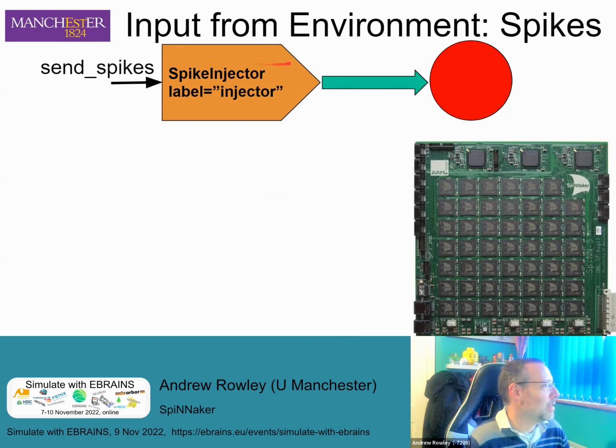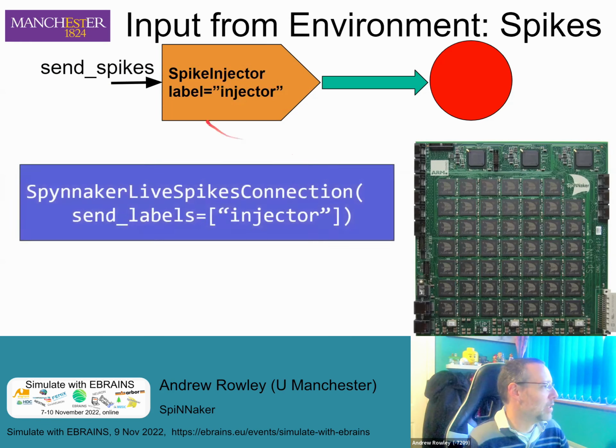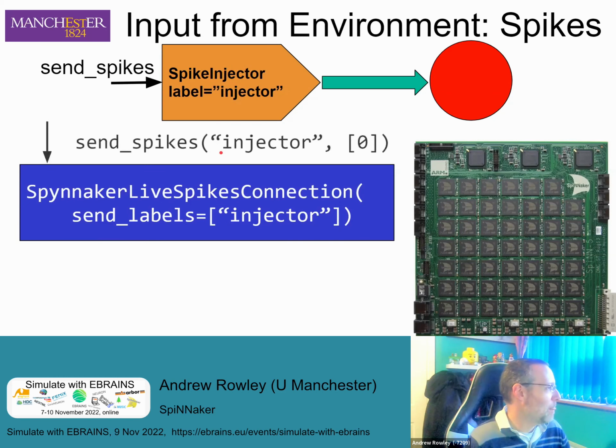You'll see examples of these in the tutorials later if you want to. Basically what you do is you call send spikes somewhere in the simulation, and this actually fires the spikes at that point. You have something called the Spinnaker Live Spikes connection, which sets up the connection between your simulation and the Spinnaker board. If you've just seen the music presentation, this is something like what's done there. I think when music Spinnaker works, it uses these sort of things directly.